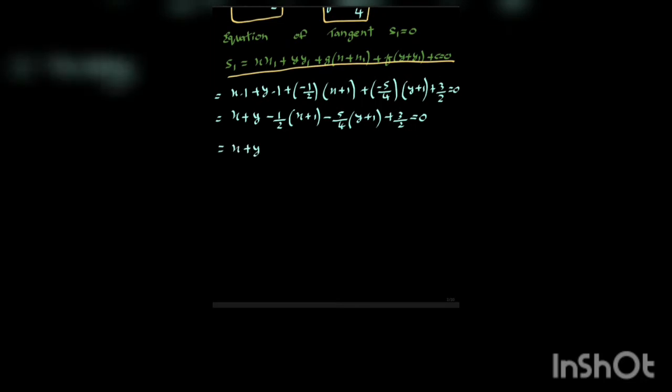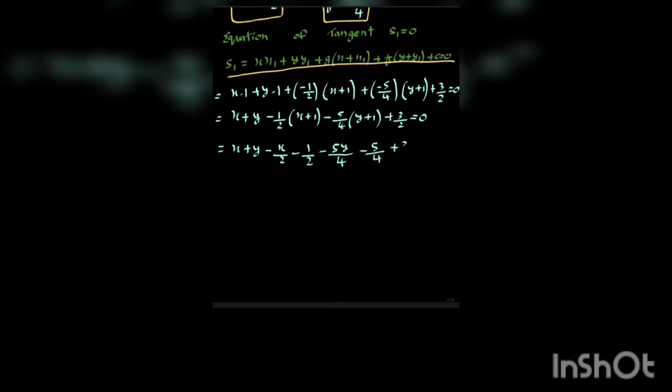x + y - 1/2 into x, that is -x/2, -1/2 into 1, that is -1/2, -5/4 into y, that is -5y/4, -5/4 into 1, that is -5/4, plus 3/2 = 0.